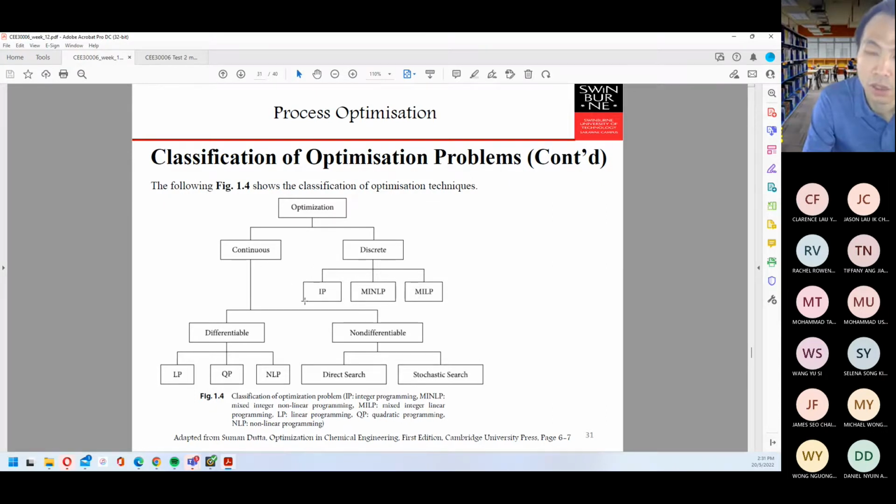The continuous variable itself can be divided into differentiable or non-differentiable. The differentiable one can be divided into 3 subsets. The non-differentiable can be divided into 2 subsets again. Later, if you are interested in doing some research on these things, you can consider doing a project with Dr. Howe or Dr. Vignesh.